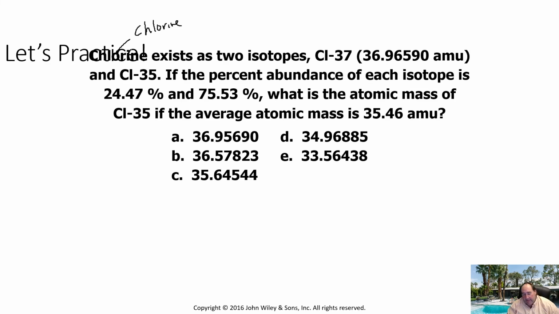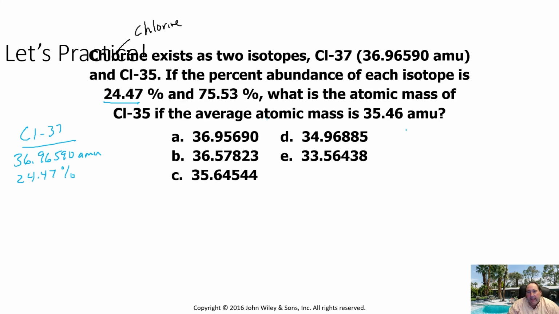All right, take a few moments there and see what you come up with. Here we're actually looking for the atomic mass of one of the isotopes. Okay, let's take a look. So in this case, it's a little bit different. We know that chlorine 37 has an atomic mass of 36.96590 AMU and an abundance of 24.47%.